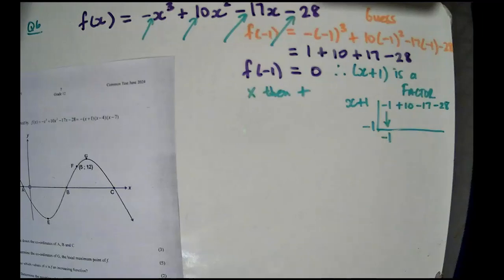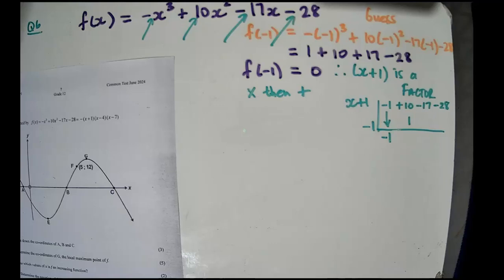Now the method here is to multiply, then add, but bring down the first number below the line. Minus 1 times minus 1 is 1. Don't forget the method is to multiply, then add.